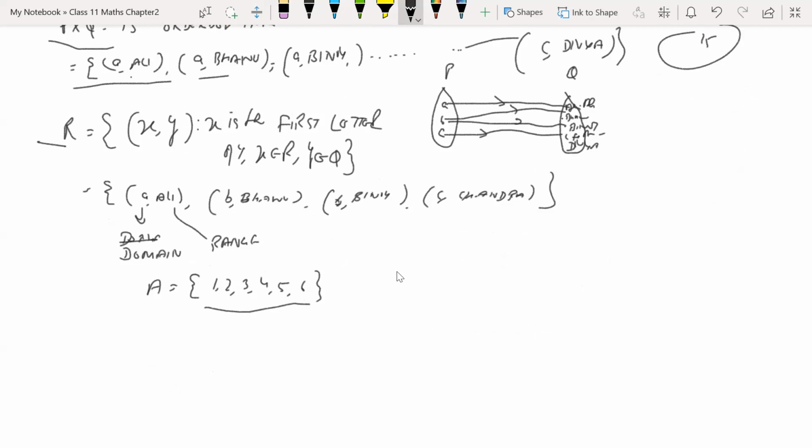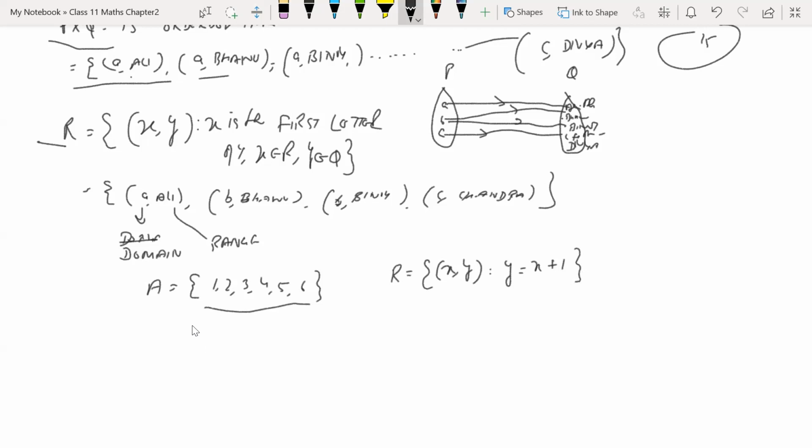How to define it? R is the set of pairs (x, y) such that y is equal to x plus 1.